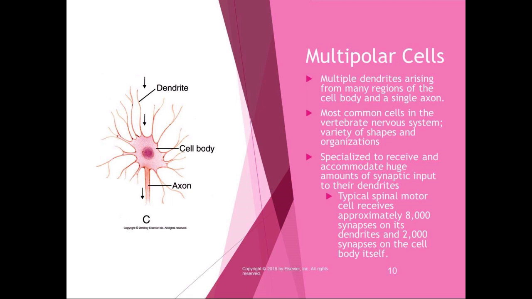Purkinje cells in the cerebellum can receive as many as 150,000 contacts from synapses on its dendrites, and also on the cell body itself. So multipolar cells are receiving and processing a huge amount of information. There are a couple videos in the Canvas module where you can see these different types of cells and their function.